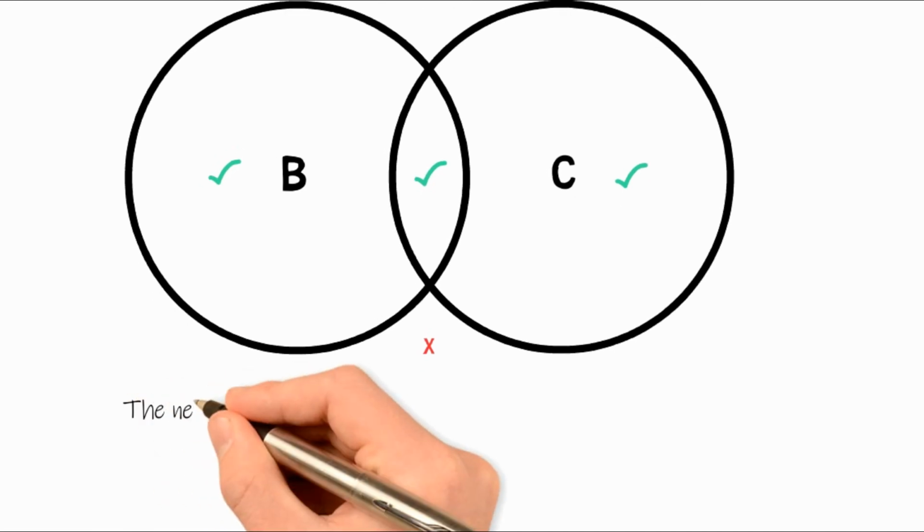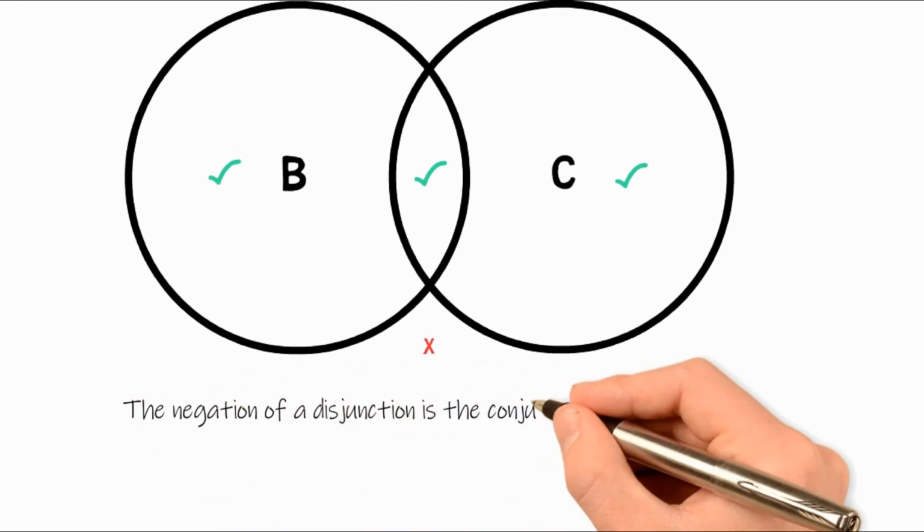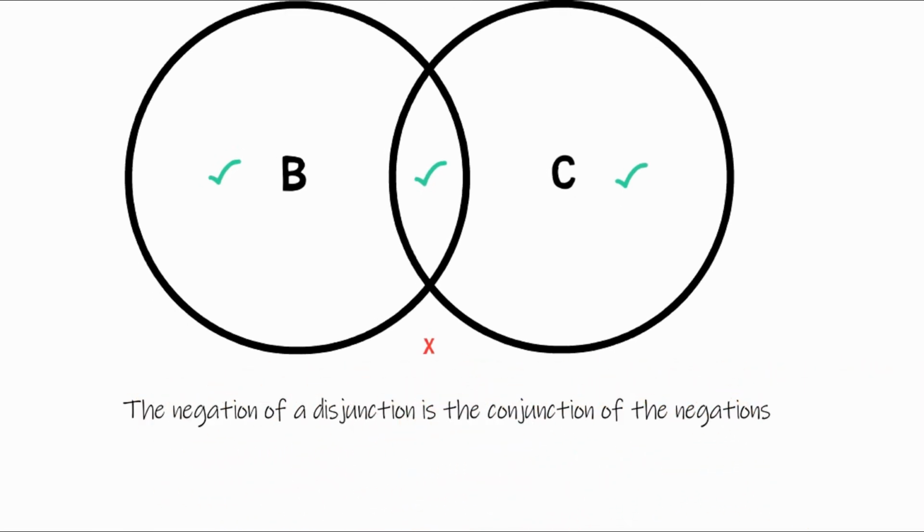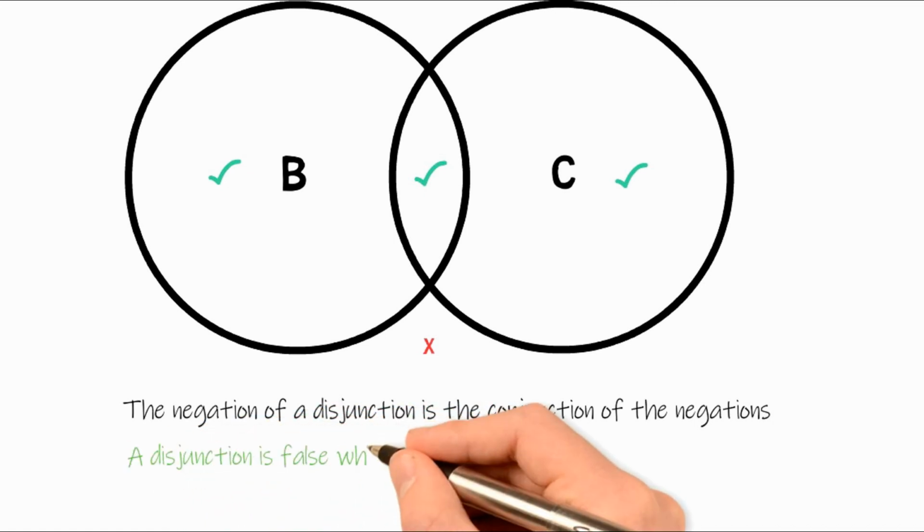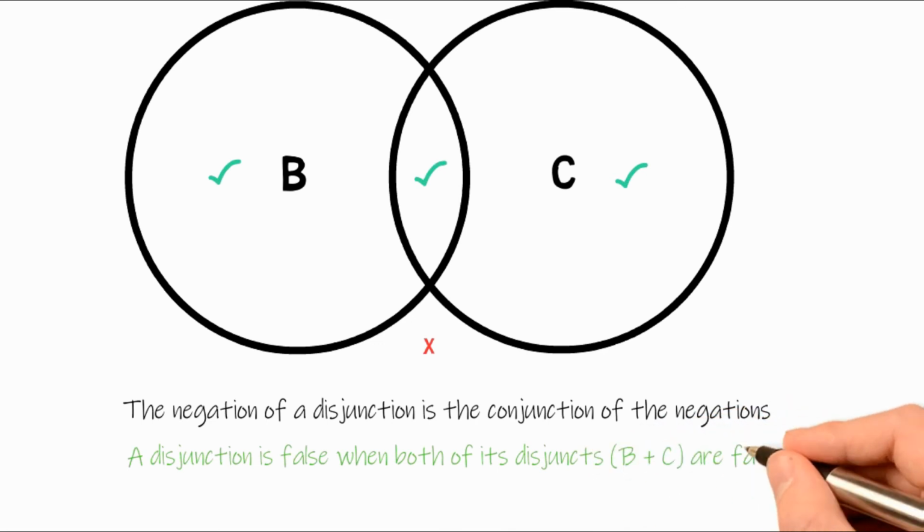The negation of a disjunction is the conjunction of the negations. And I could rewrite that to say a disjunction is false when both of its disjuncts, B and C, are false. And of course, just like with the video on contrapositives, remember that logical negation switches the truth value.